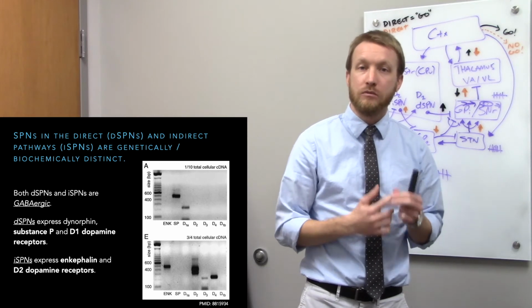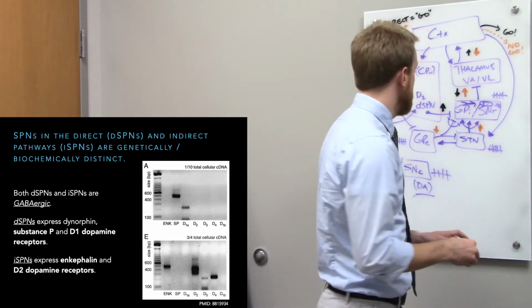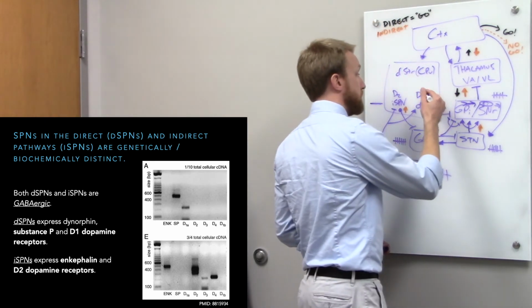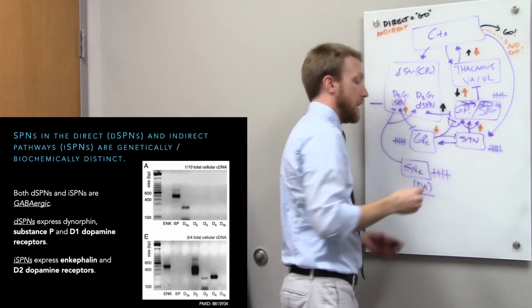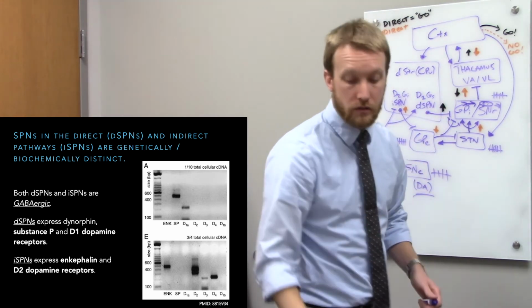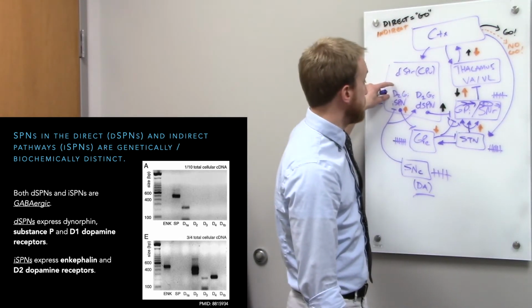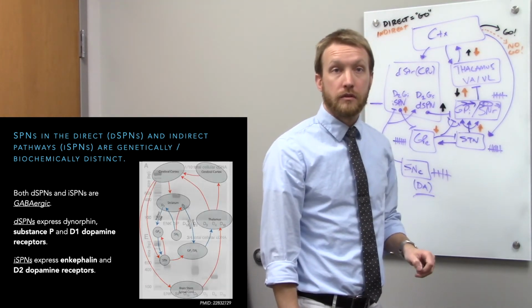And we also find D1 dopamine receptors. You probably recall that D1 is Gs coupled, D2 Gi. So the indirect has a Gi coupled dopamine receptor while the direct has a Gs coupled dopamine receptor.